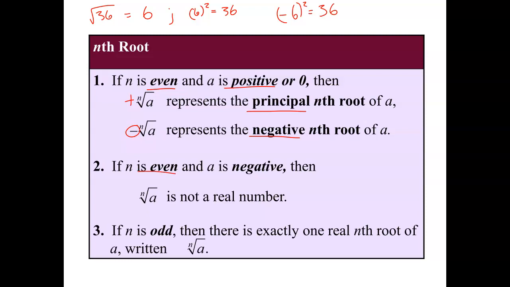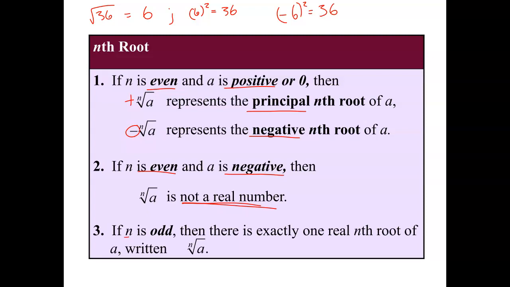If our index is even, but our radicand is negative, it is not a real number. When we get into complex numbers, then we'll simplify using them, but until then, it's just not a real number.